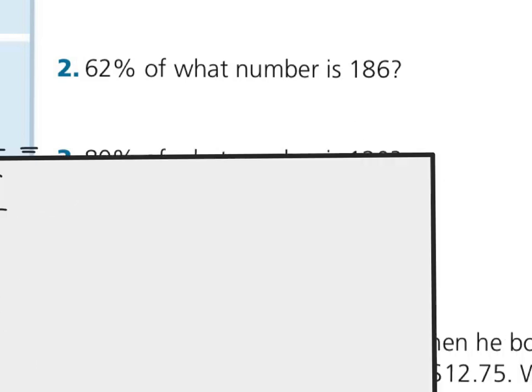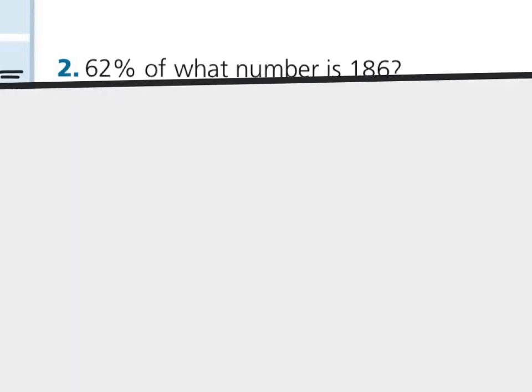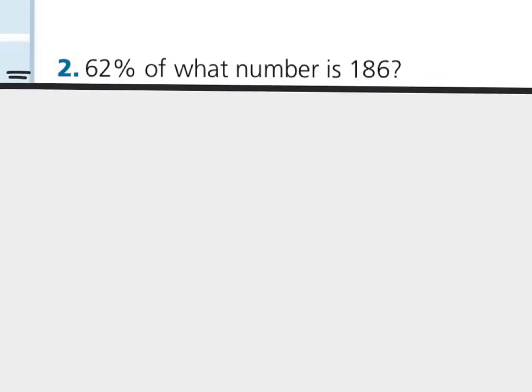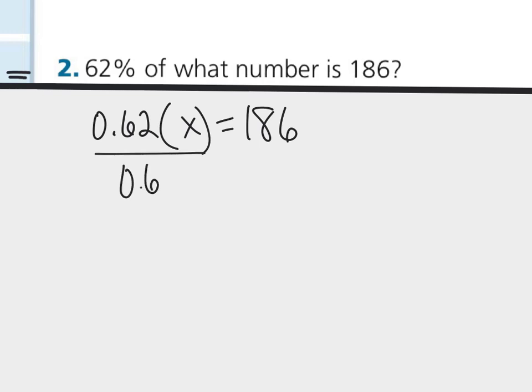Number 2, same idea, so 62%. We're going to change to a decimal. Of, so times what number is, so equals 186. They're multiplying, let's divide. And that should be 300.